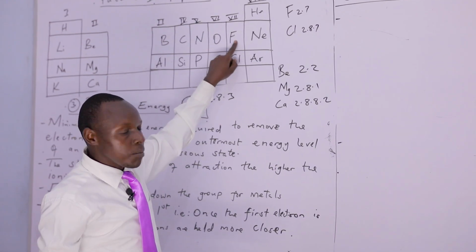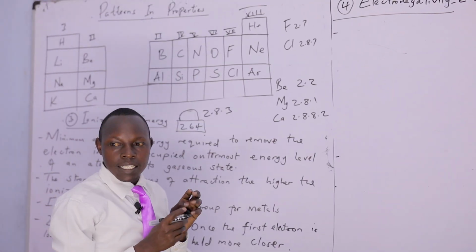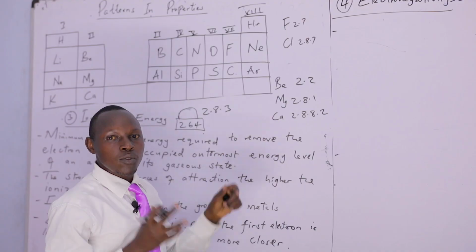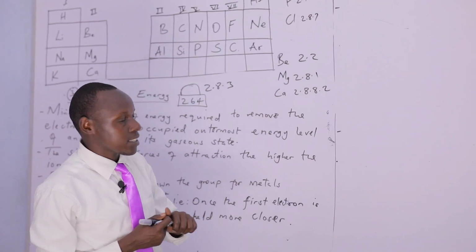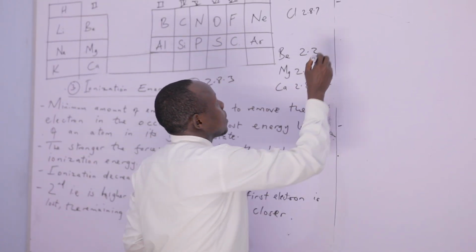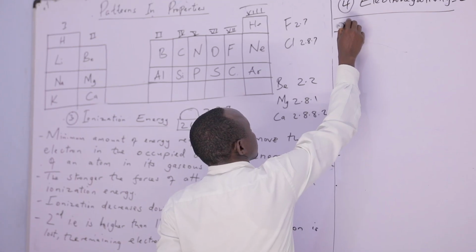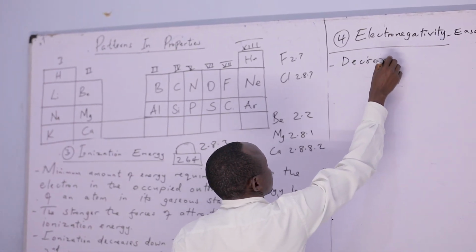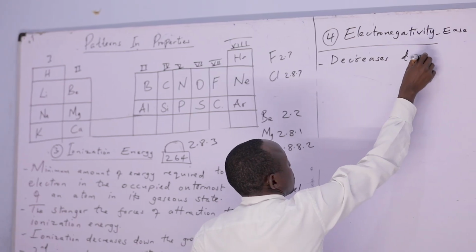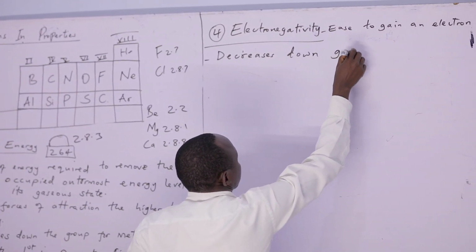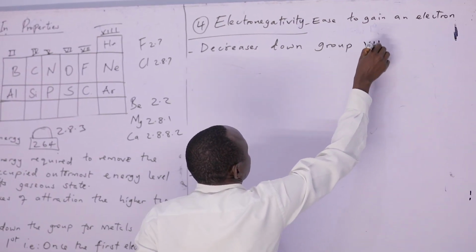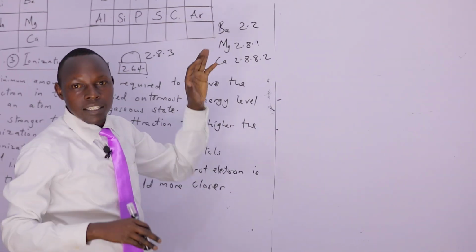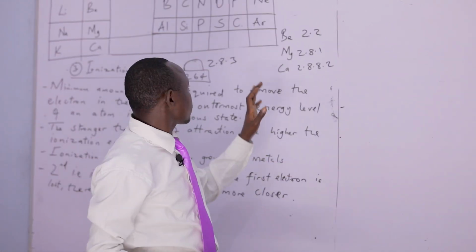Because we said forces of attraction increase down group 7, the electronegativity decreases down group 7, so that fluorine is more electronegative than chlorine.